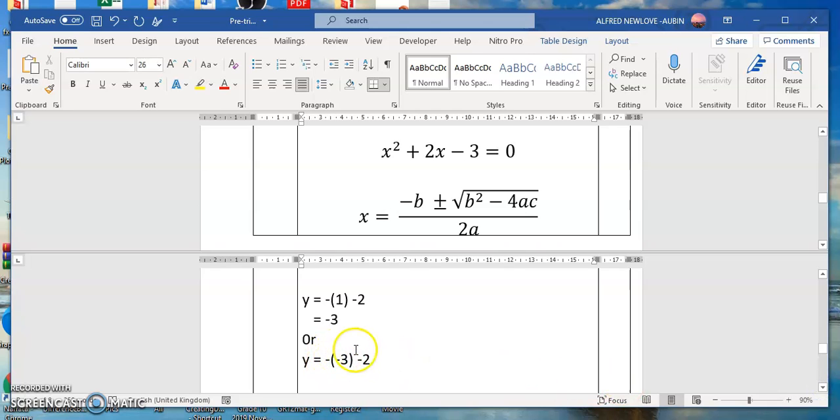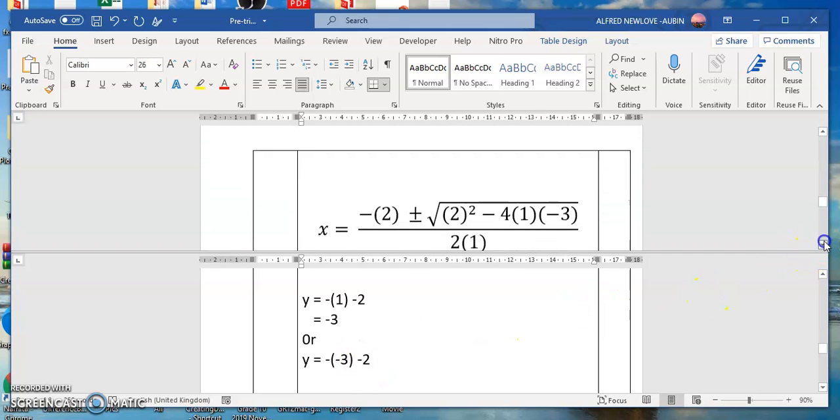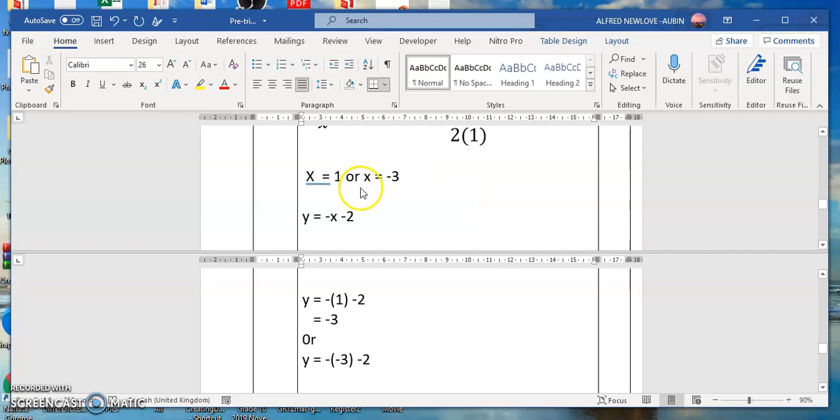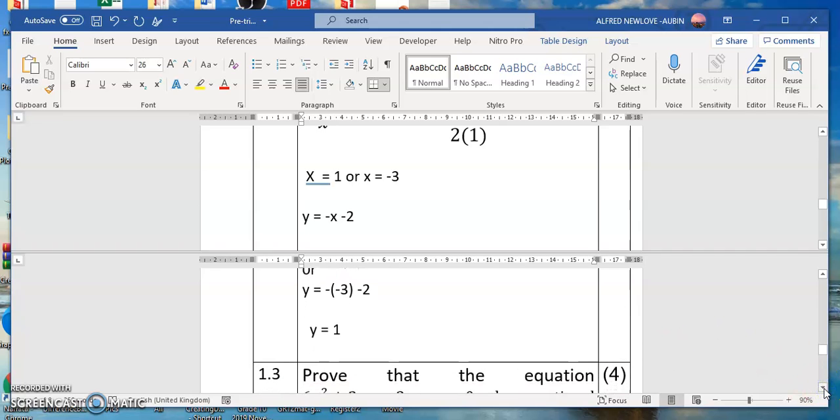Remember we found 2 values for x, so we are using this one also. So your x is what? Minus 3. So this is the minus, your x is minus 3, then minus 2. When you press on the calculator, you are going to get 1. Okay, so we have solved for x and y.